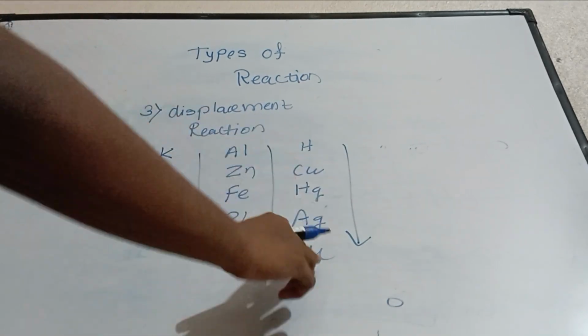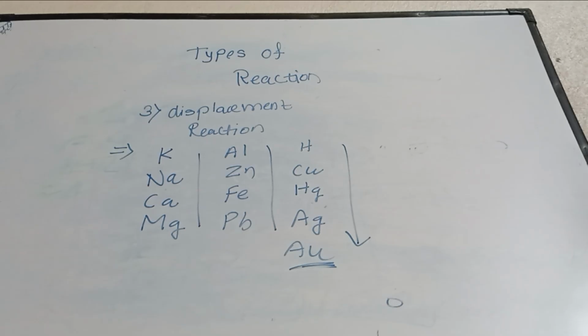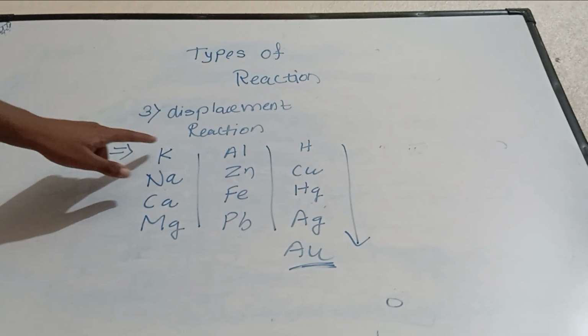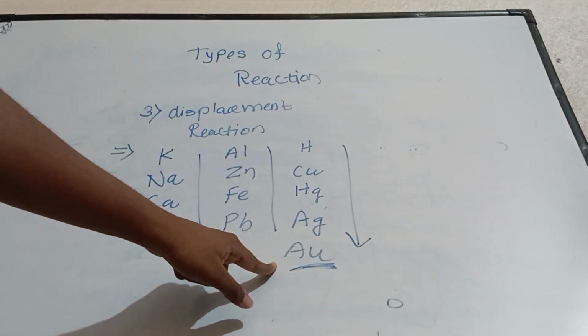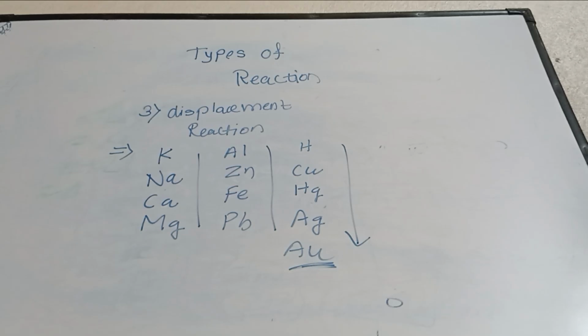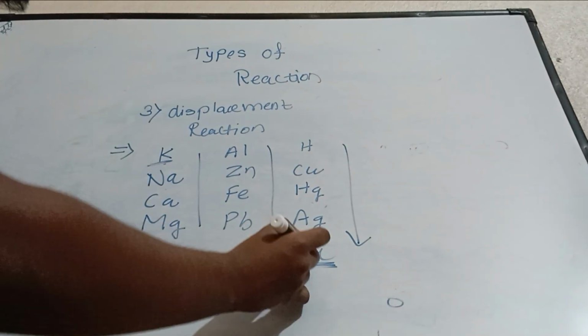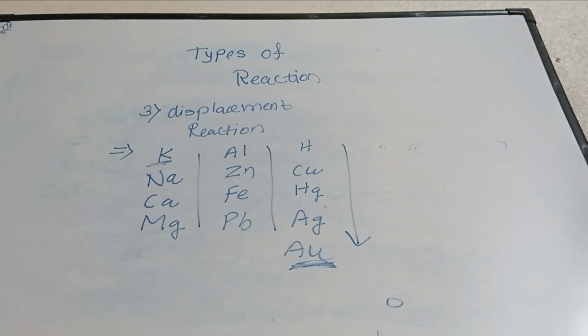This table goes like this. As you go down, the last stop is Au, and the reactivity will decrease. For example, potassium is the most reactive, and gold is the least in this table. So potassium has the power to displace gold. As in our example, Fe plus CuSO4 results in FeSO4 plus Cu.